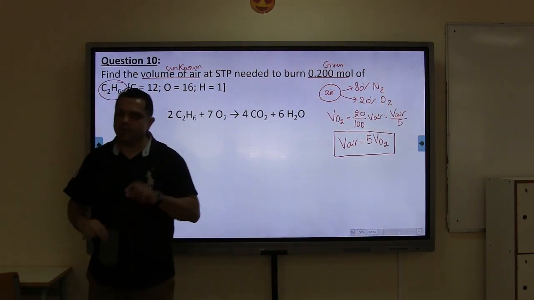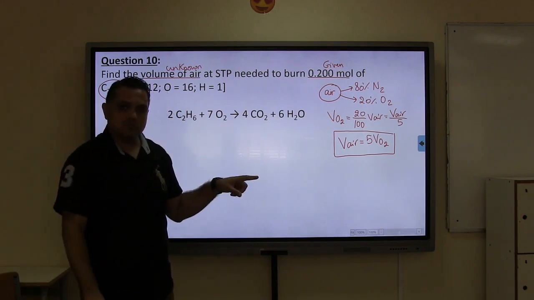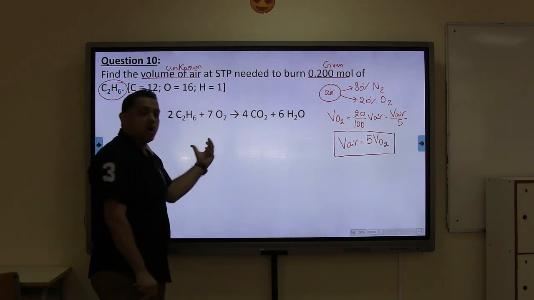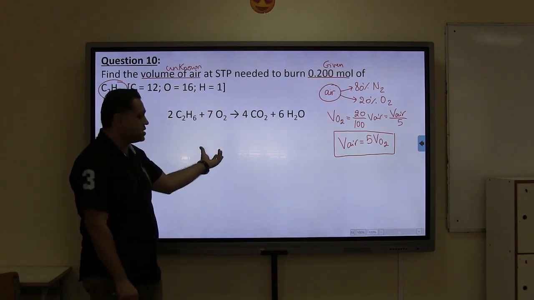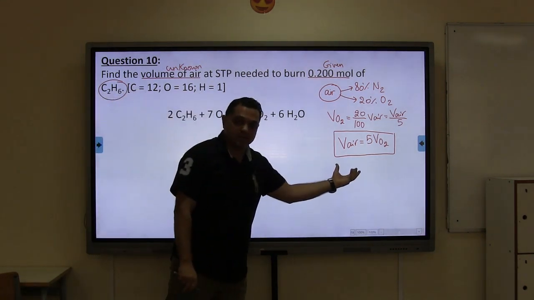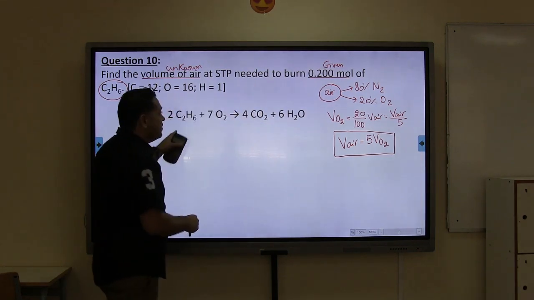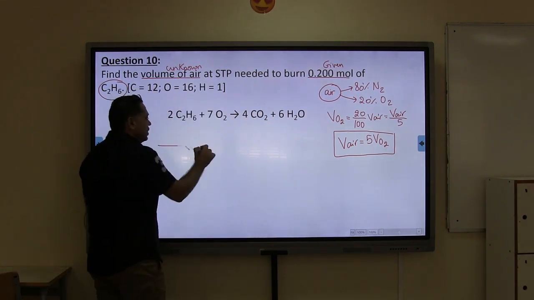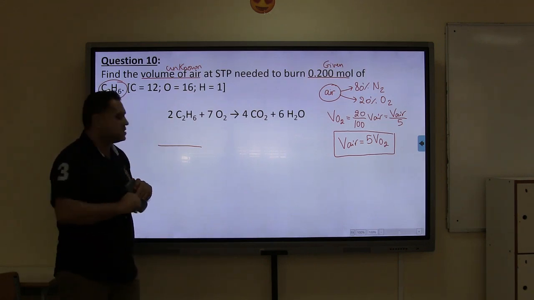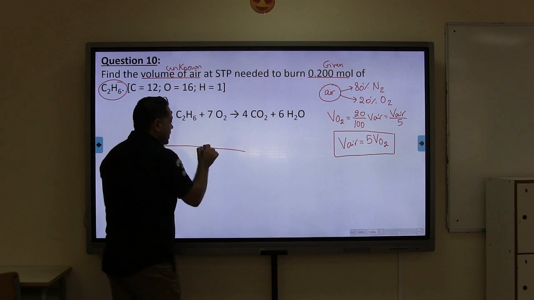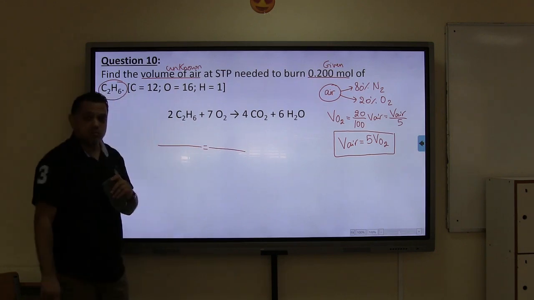So now I need the ratio between C2H6, which is given, and the oxygen, where I need to determine the volume of the oxygen first, and then I can apply it to get the volume of the air. So here, I will draw a line below C2H6 and below the oxygen, and these two ratios are equal.